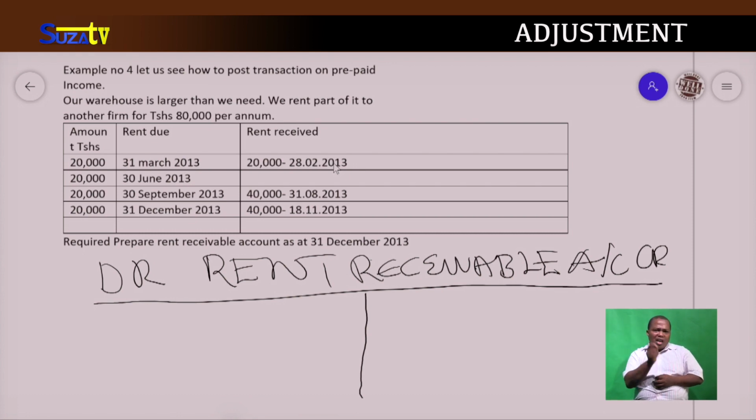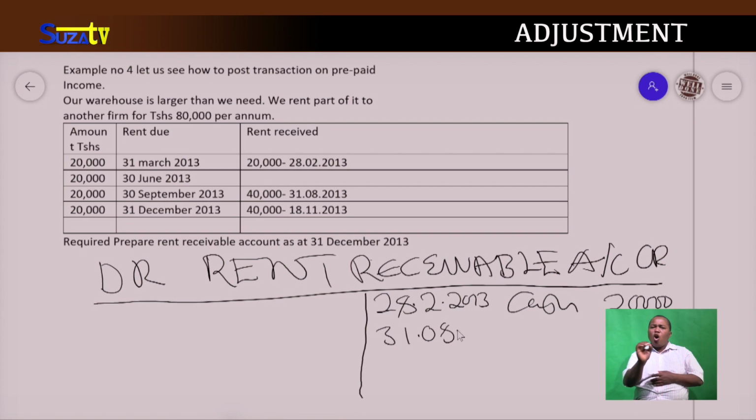Record it on the credit side: 28th February 2013, cash, 20,000. On 31st August, you received 40,000: 31st August, cash, 40,000.